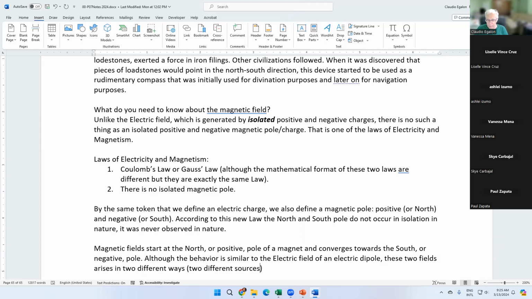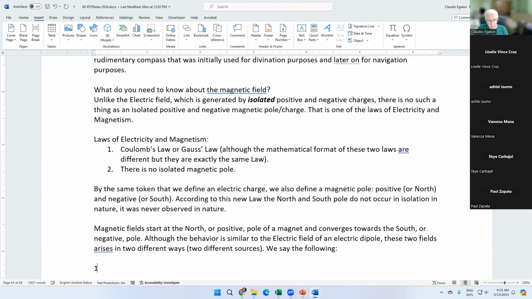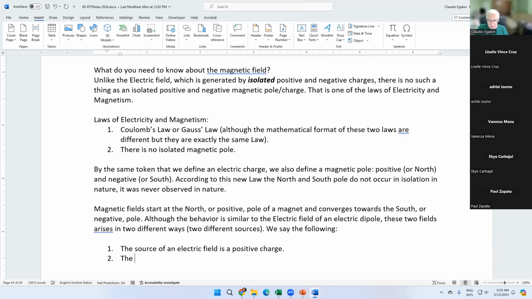We say the following, and we already discussed that. The source of an electric field is a positive charge. The sink of an electric field is a negative charge.